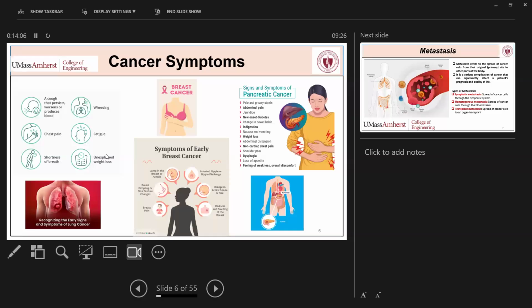It's so difficult to diagnose, because if you see the symptoms, pale and greasy stools, nobody is going to check our stool, right? Abdominal pain, jaundice, new onset of diabetes, change in bowel habit, indigestion, nausea and vomiting, weight loss, shoulder pain. All these are symptoms of pancreatic cancer.